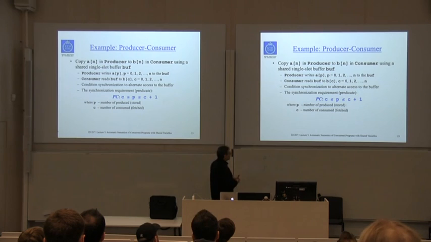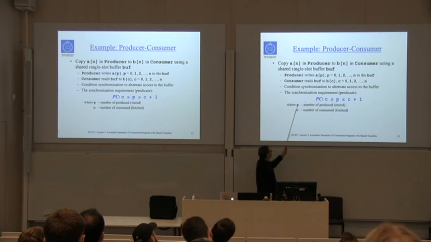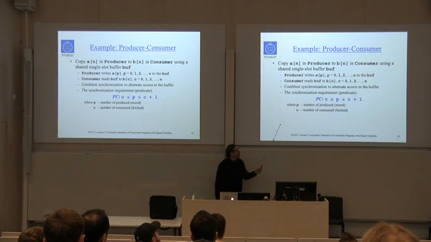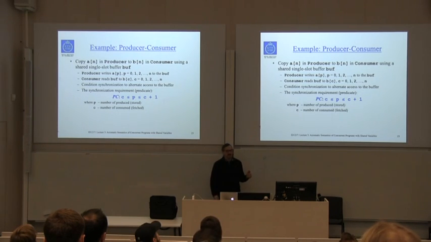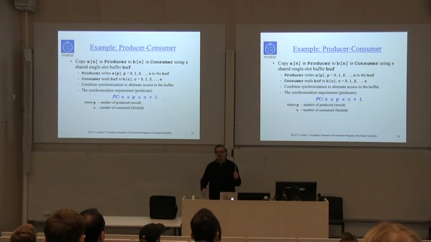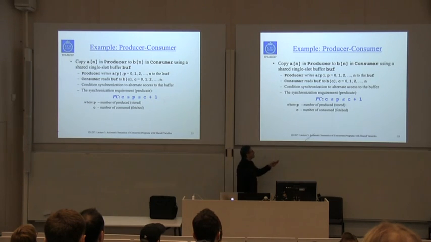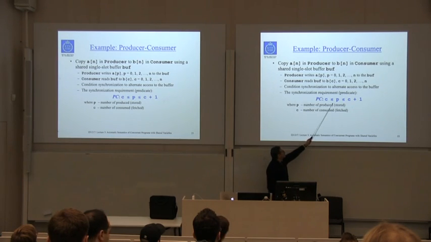For this synchronization requirement, we count the number of produced and the number of consumed items. P and C are counters. Whenever something is produced, P is incremented. Whenever something is consumed, the buffer is emptied and C is also incremented, so we're counting them. So C could be not more than P, that's what this predicate says.